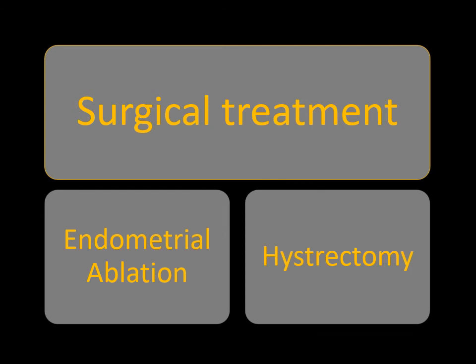So whenever a lady presents with heavy menstrual bleeding, we give her options of medical or surgical. Medical, we have non-hormonal, non-steroidal, and tranexamic acid, or hormonal, intrauterine system. Mirena is first-line treatment, progestogens or combined pills, and surgery, endometrial ablation, or hysterectomy.